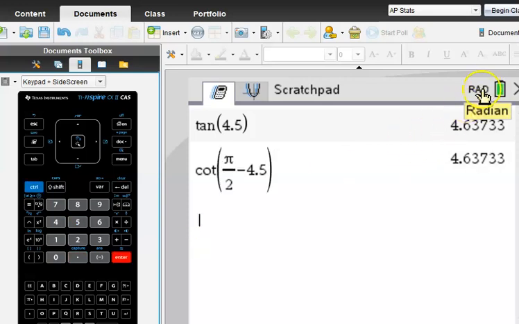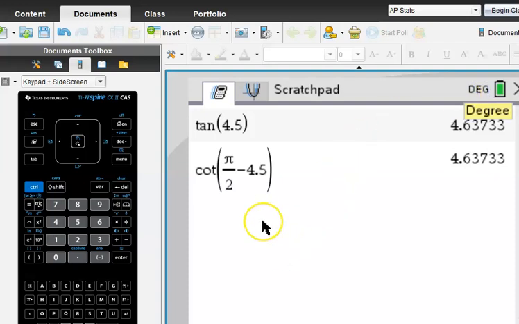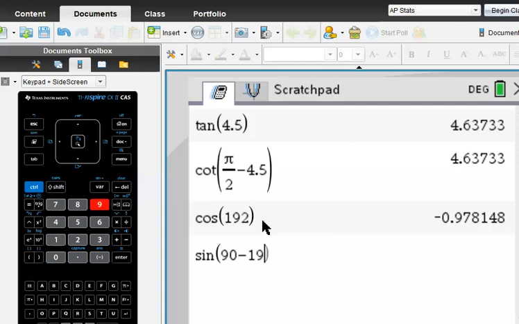Now let me switch to degrees. If I switch to degrees, let's do cosine and sine. What if I have an angle that's bigger than 90 degrees to start with? Let's say I have cosine of 192 degrees. How would that work with sine? Well, I'm going to do sine of 90 minus 192.